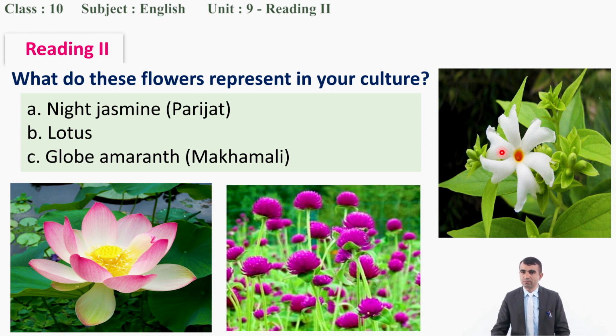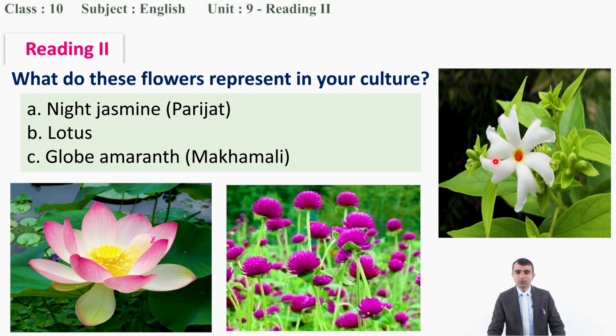And it produces a beautiful, or let's say sweet, smell. So it blossoms during night, so it represents modesty and also love. And it can also be used for medical purposes as well. Have you heard this?